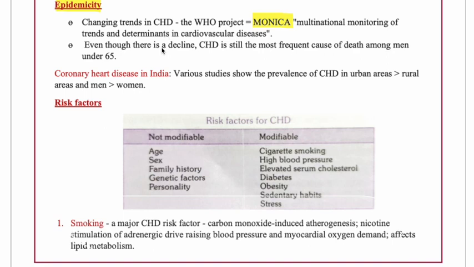Even though there is a decline in incidence and prevalence when compared to the past, CHD is still the most frequent single cause of death among men under 65. Okay, still it is one of the most frequent causes of death.